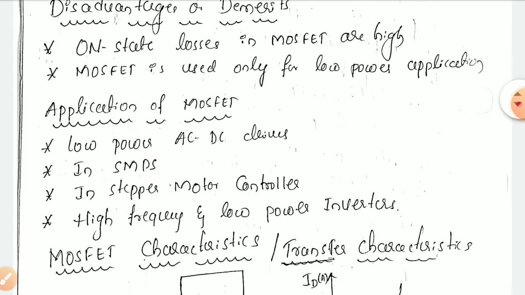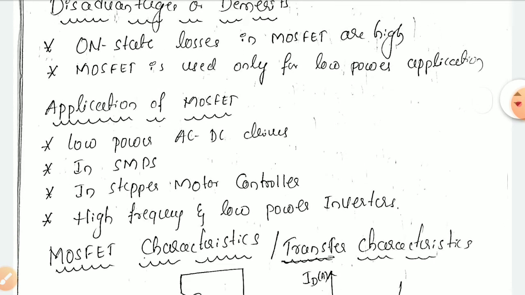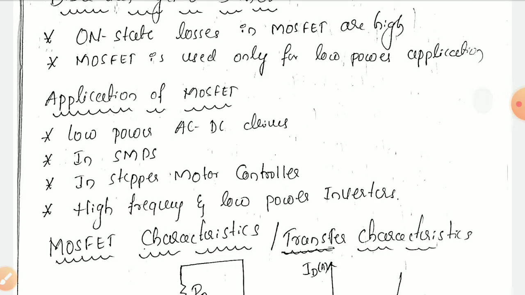Then there are applications of the MOSFET. Once again, the MOSFET is like a switch, which we use in power electronics, like a diode. There are some applications that the MOSFET has. One is low power AC to DC converter or drive applications.